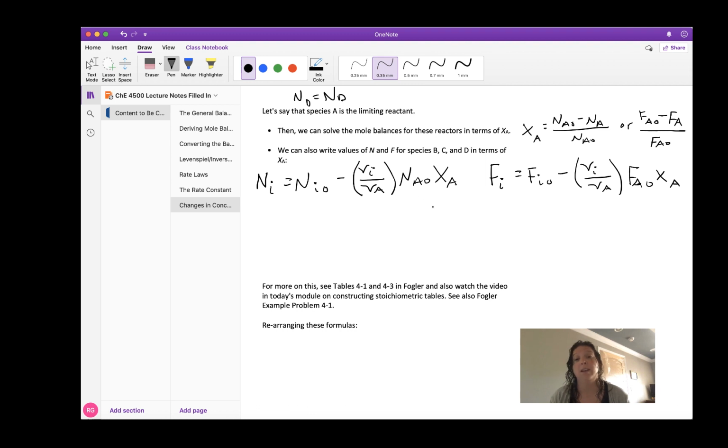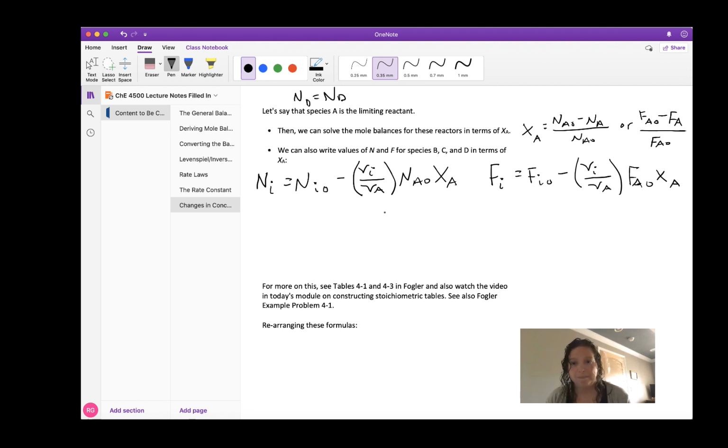That makes sense, so the amount at time t is going to be less than the amount initially. Similarly, if species i is a product, then the term inside the parentheses is going to be negative, so you'd be subtracting a negative value. So you'd be adding this quantity to your amount initially, generating the species if it were a product.